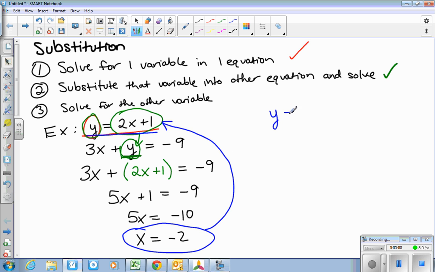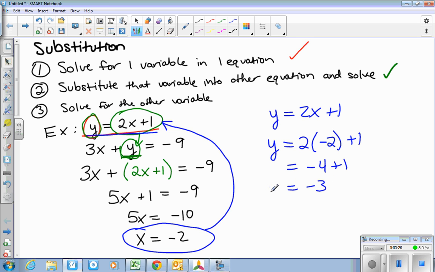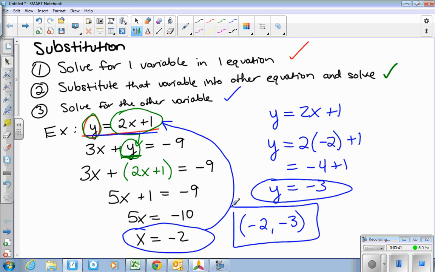So if y equals 2x plus 1, let's take this x value and put it in for x. So y equals 2 times -2 plus 1. -4 plus 1 is -3. So since x is -2 and y equals -3, my solution is the point -2, -3. If we graphed it, we would see that this is the intersection point.